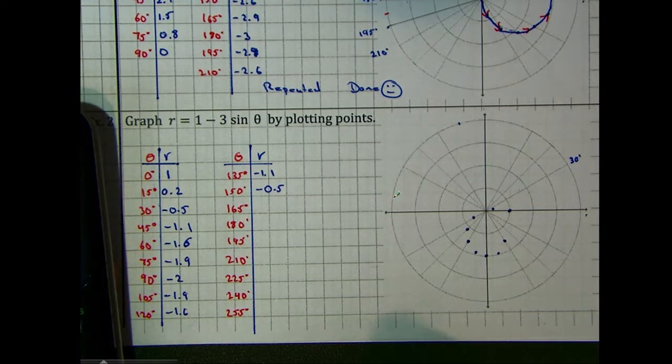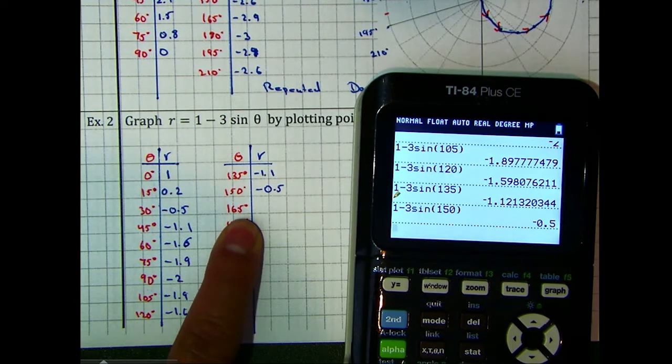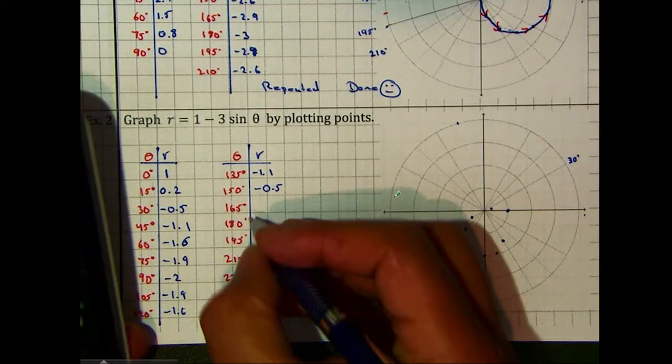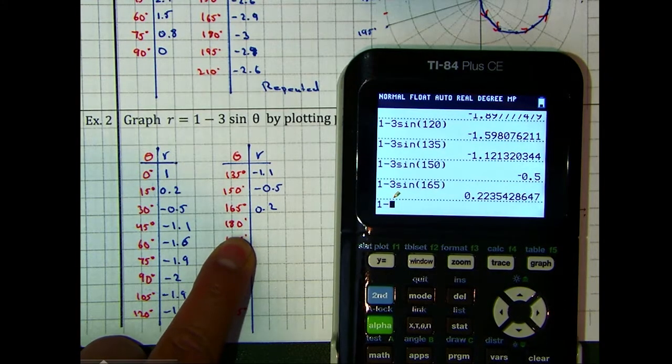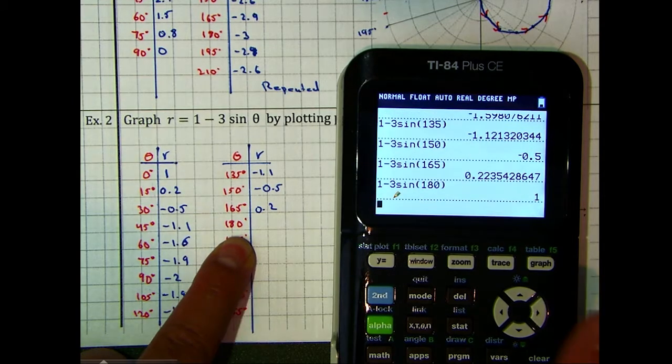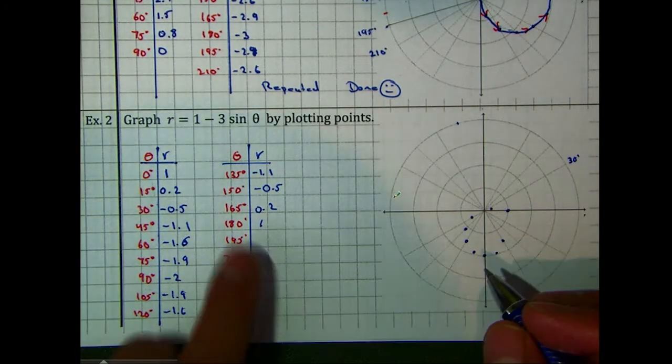Then which value should come next? 0.2 probably. So 1 minus 3 sine of 165, 0.2. 180. Now just be careful. You usually just want to be able to work on a few and then plot it just to make sure that you have a nice continuation.